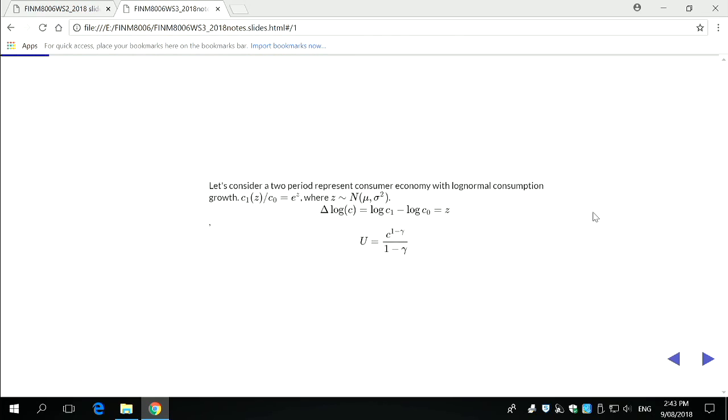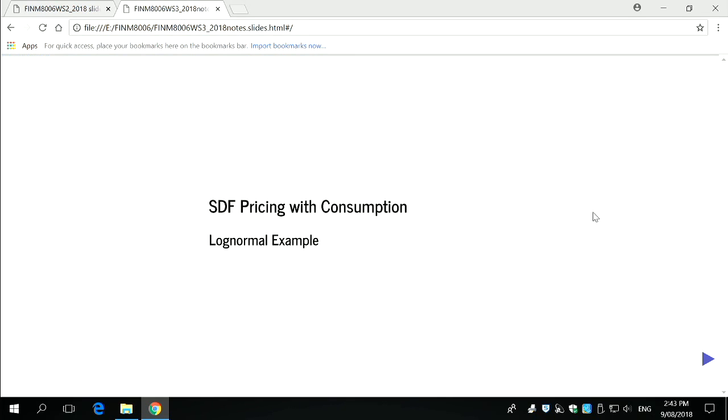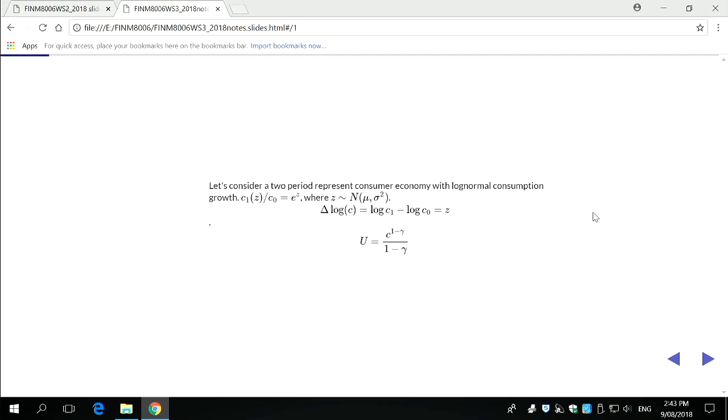This week we talked about SDF, right? So SDF is something very abstract. It's hard to get a concrete example on. So what I thought is to give you an example of how the SDF comes to work, with some just log normal distributions.